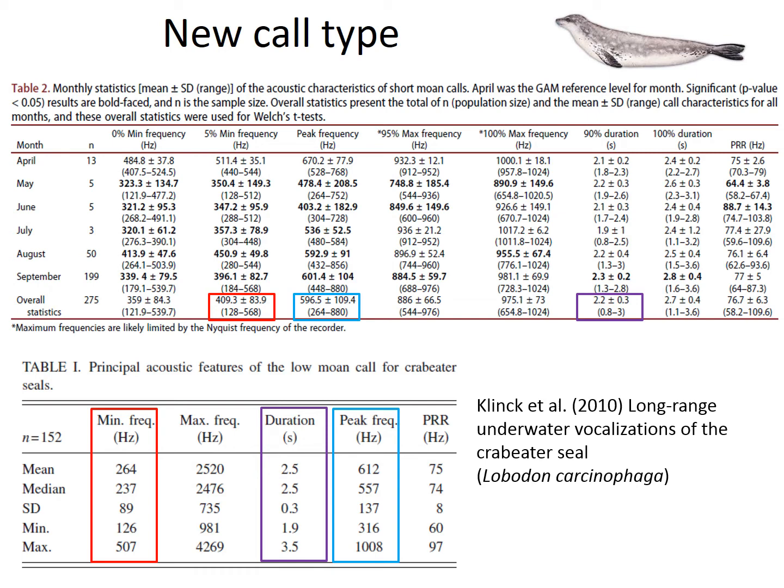And then there was a significant difference in the duration. Our call type was shorter than what was previously found, by about 2.2 seconds. And the pulse repetition rate of our sound was slightly longer than what was previously found.